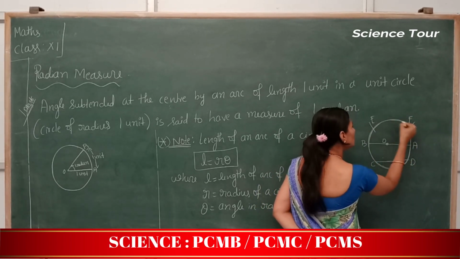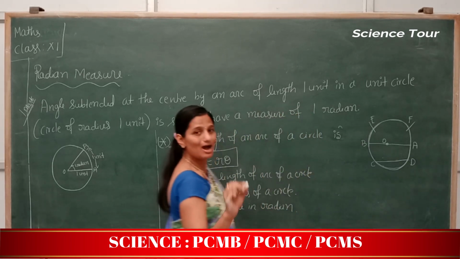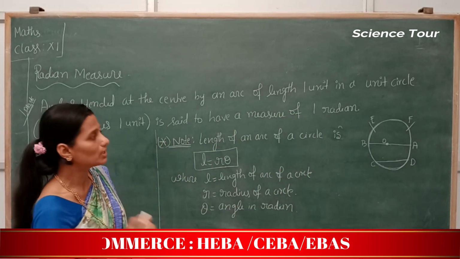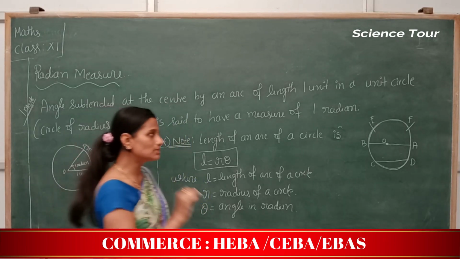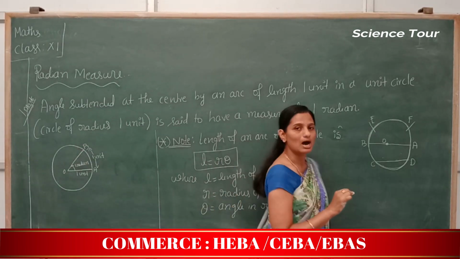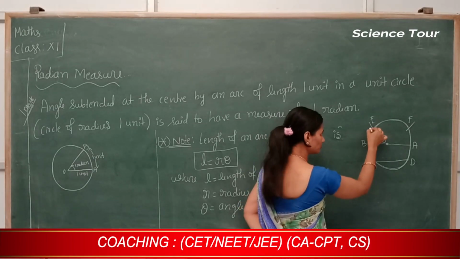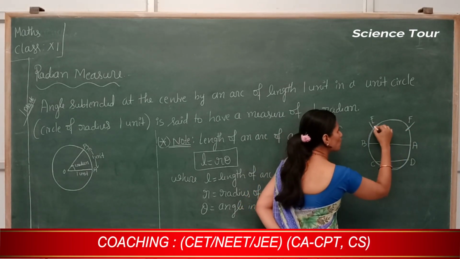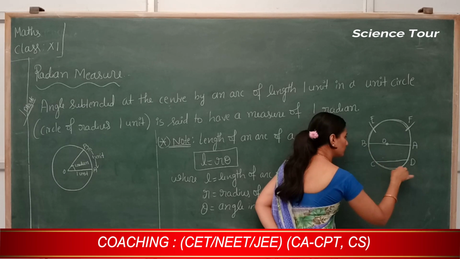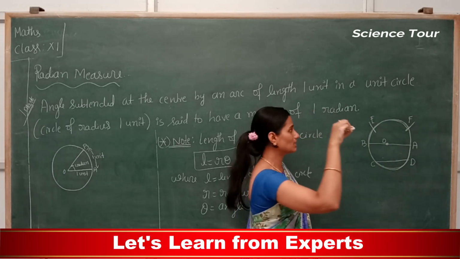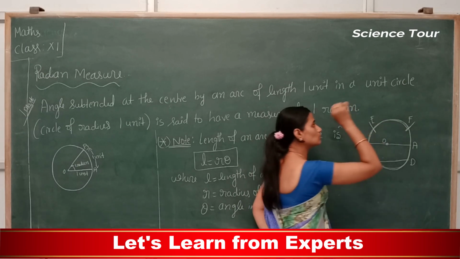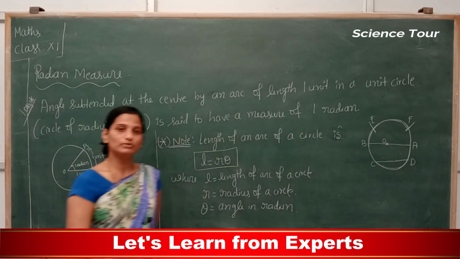Then what is the meaning of arc of a circle? The part of the circumference is called the arc of a circle. EF is one part of the circumference, so that is called an arc of a circle.